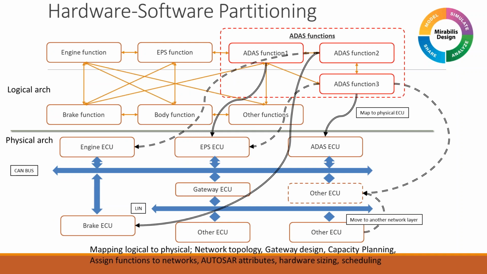Now, the first aspect of our system is really about hardware-software partitioning, and what that means is that I have a network, I have all these different systems that are connected together. When I say systems, I'm talking about all the ECUs connected across the CAN bus, and there's different functionality in each of the ECUs, like the engine, the braking, the EPS, all of these. Now, what I can do is allocate each of these functions onto one of these physical architectures.